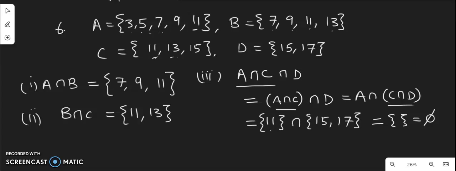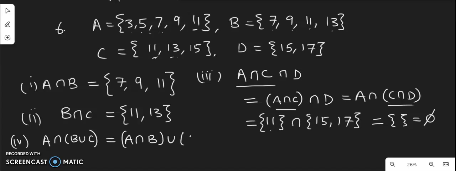Let me do one really good example, and this is also called the distributive law. So I'm going to find out A intersection (B union C). This is what I'm going to do. So intersection is distributive over union. That means you can write this simply as (A intersection B) union (A intersection C).